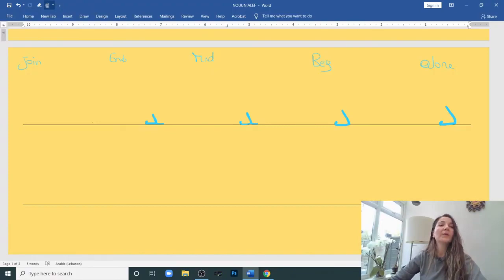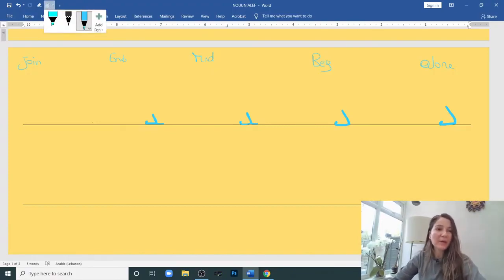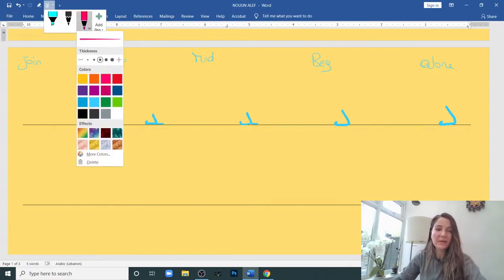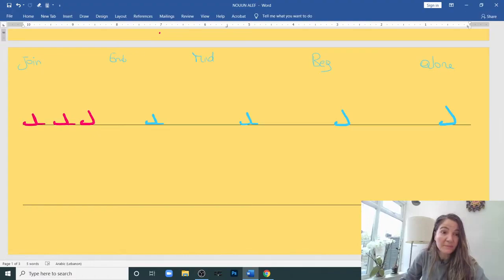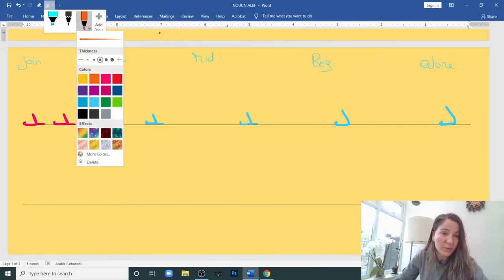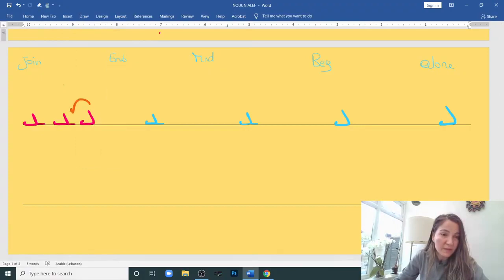It doesn't join on the left, which means when I try to join three Daals together, for example, I'm not going to do this. I'm just going to draw the first initial form, and then I will draw the middle form, and then another final form. Is that correct? Of course not. Why? Because if you're not going to join the first letter to the second one, why would you need a tail?